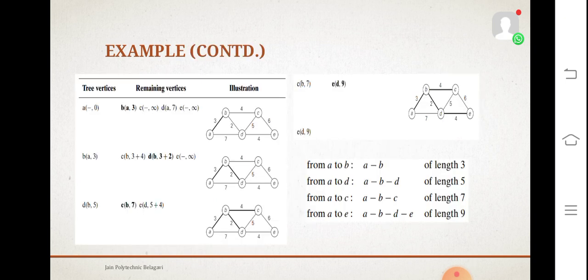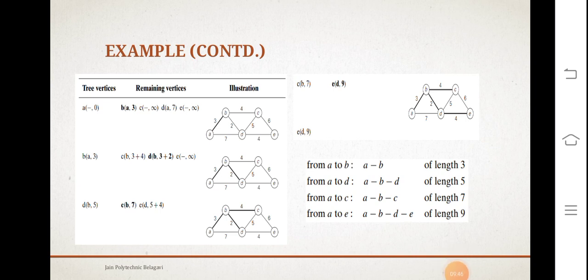So at the very first stage, we have to select an edge. That edge we are going to select is from A to B. So we are setting A as the source.